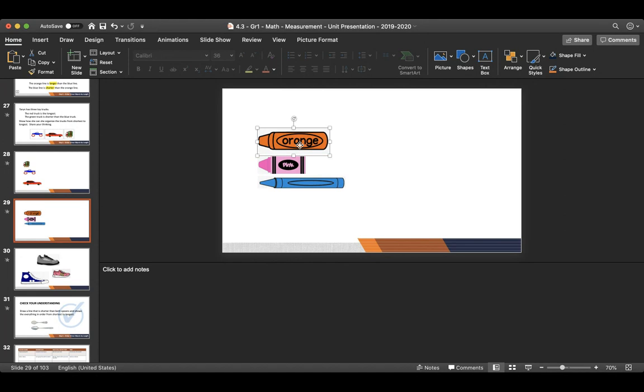Because if they're spaced out too far apart, it might be harder. Again, notice that they are all at the same starting point, end to end, but they don't have the same ending point over here. They have to be lined up on one side. Because they are different lengths, you are not going to have both ends line up. The only way that would happen is if they were all the same length.